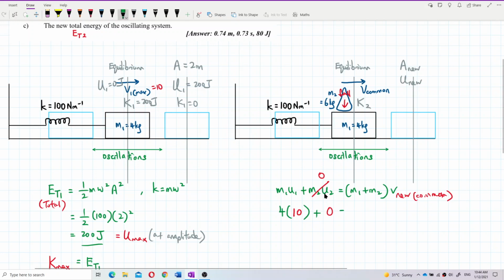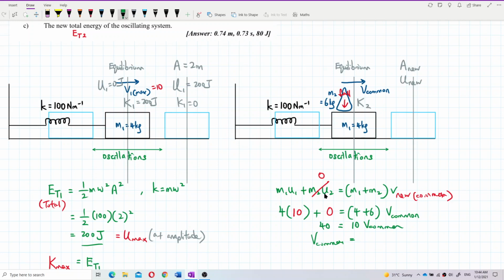So now you combine the two masses, stuck together. That 4 plus 6, we get the V common. Find out the V common: 4 times 10 is 40, and that equals 10 V common. So it is 4 meter per second.